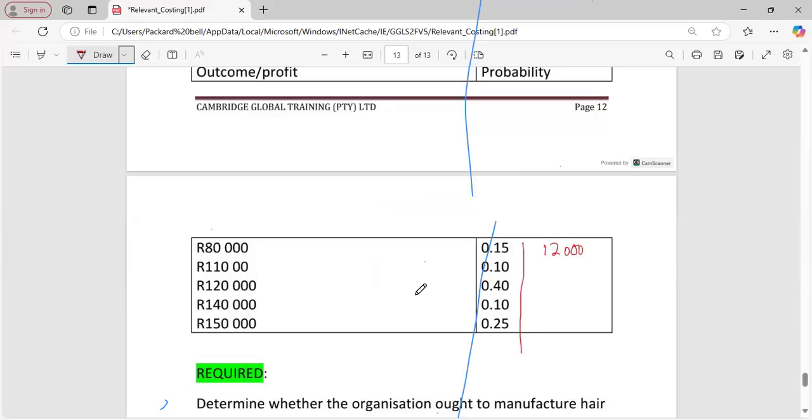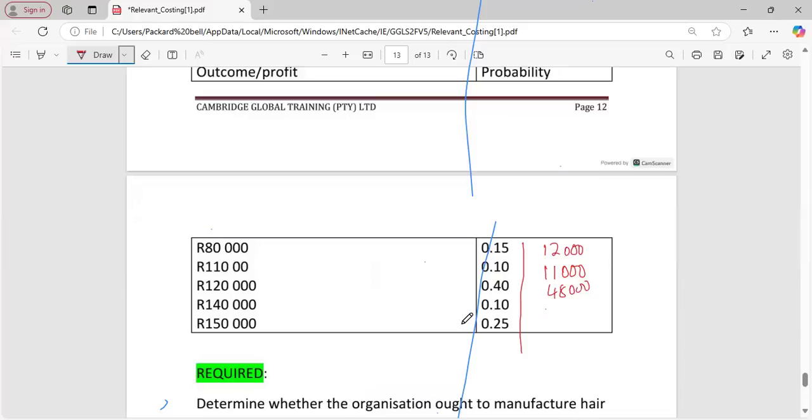Then the second one, 11,000. Then the third one, 48,000. Is going to be how much? 48,000. Yes.